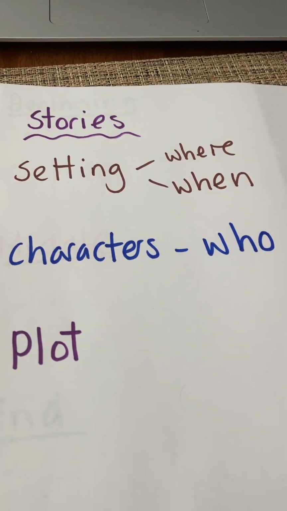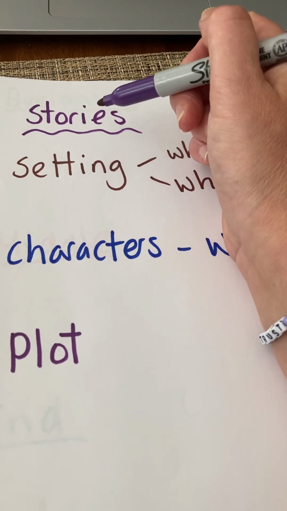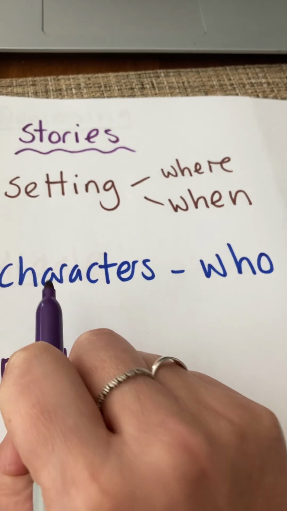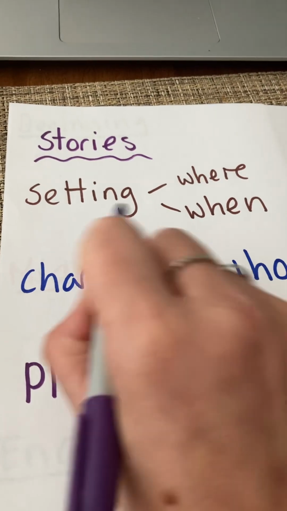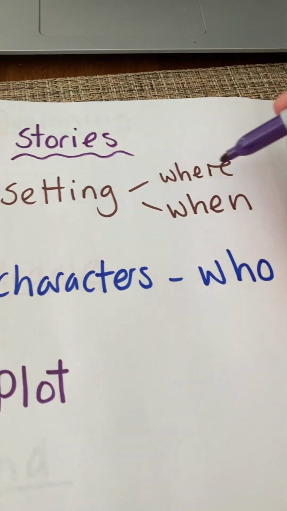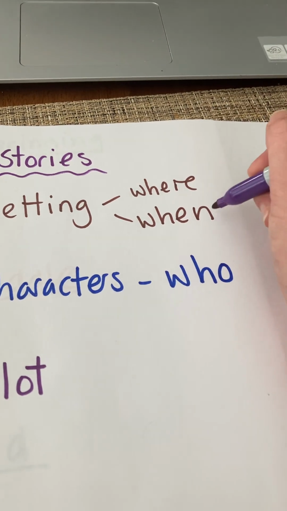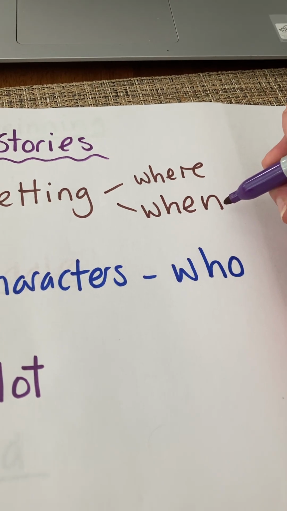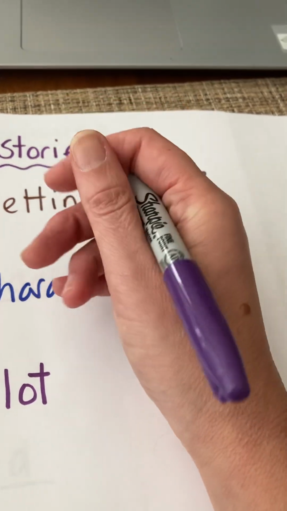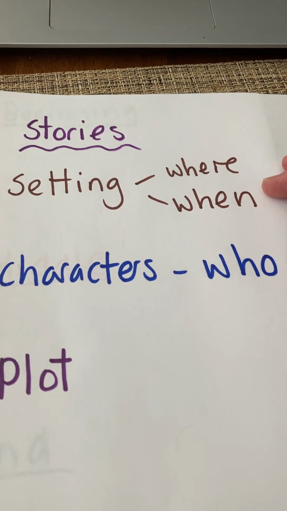But at the moment, let's think about getting those story ideas into our head, because every story needs characters, and you were working on that last week in your writing assignment. And as you were working on your characters, you would be thinking about where your characters lived and also when they lived, whether this is a story that happens back in the past, like our Magician's Nephew story, or whether it happens now.